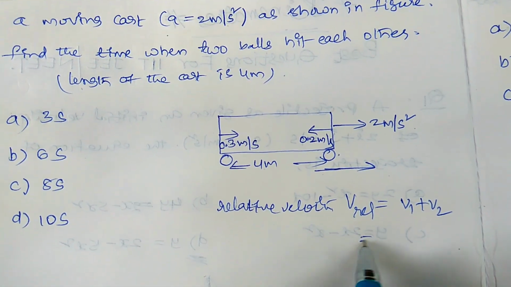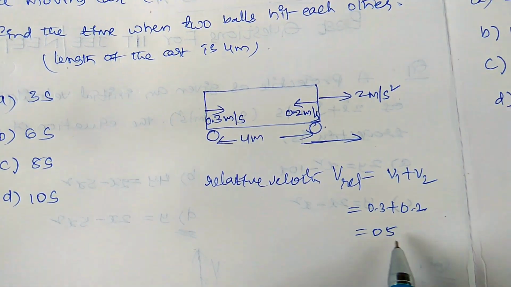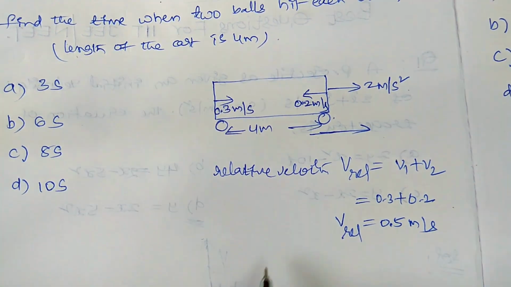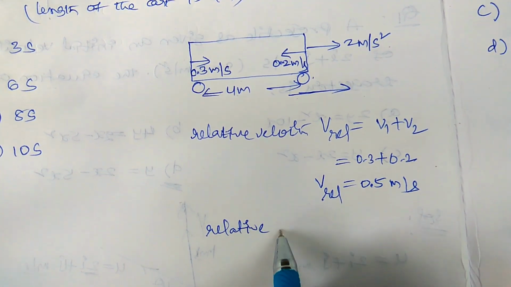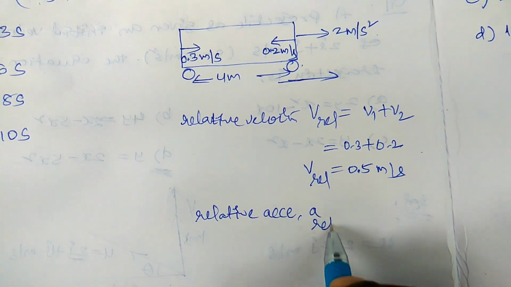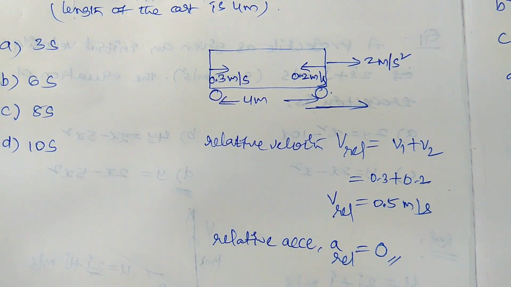Whereas v1 is 0.3 and v2 is 0.2, it is 0.5 meter per second. That is v relative. And coming to the relative acceleration, a relative is nothing but 0, because the two balls are moving in the same path.